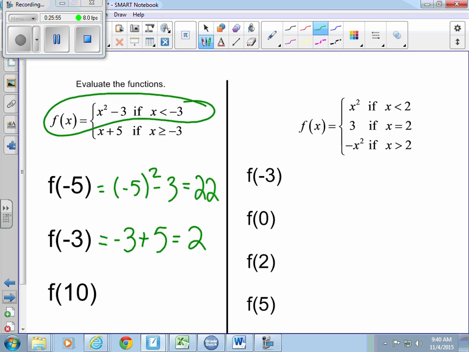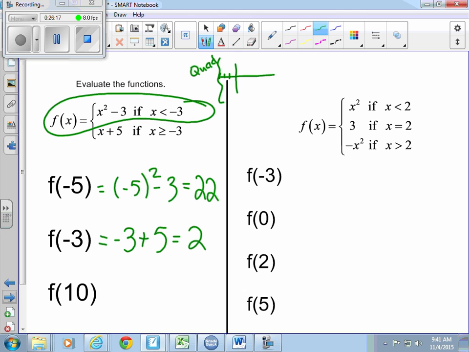Does everyone see how we're getting that? I want to stall for a second. Is anyone lost on why I know where to plug it in? Yes. So, if I were to graph this, I would get the quadratic to the left of -3.